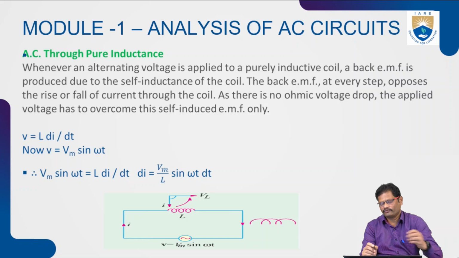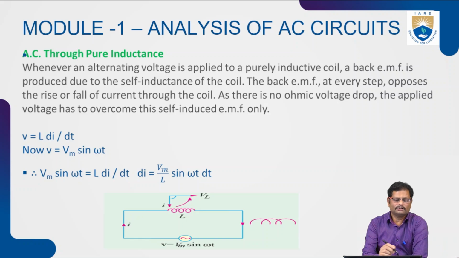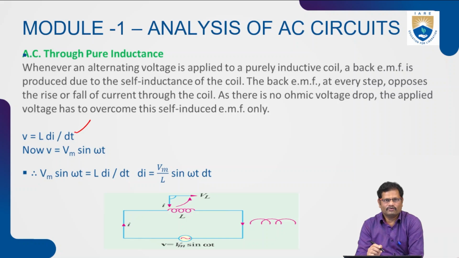So the self-induced EMF, according to the voltage expression, is V equal to L di by dt. L is the inductance in henries and di by dt is the rate of change of current in that inductor.